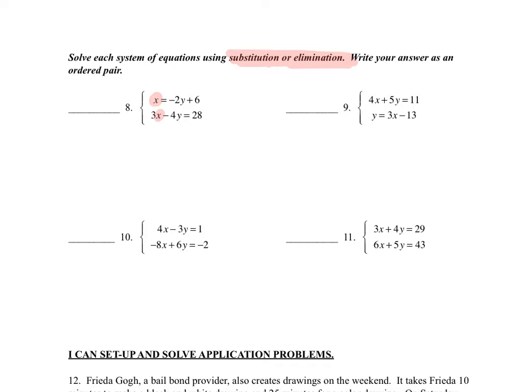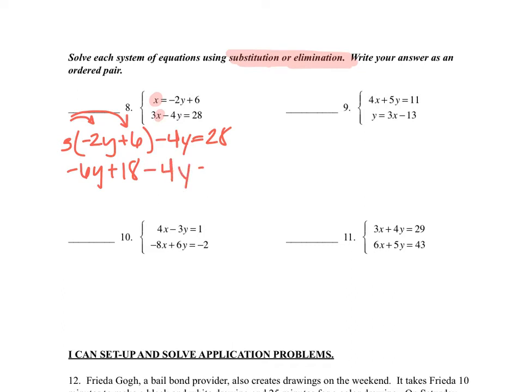That gives me 3 times (-2y plus 6) minus 4y equals 28. First step is distribute the 3 to everything inside the parentheses. So that gives me -6y plus 18 minus 4y equals 28.